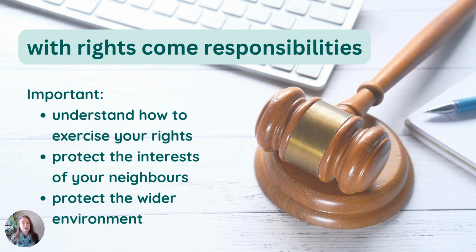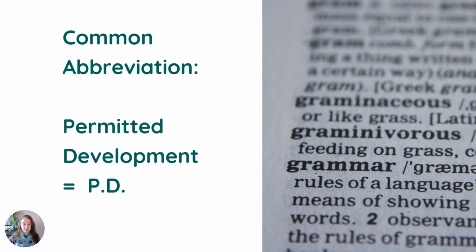It's important that you understand what the limits are to these rights, so that you can maximize your use of them. But you do have the responsibility to protect the interests of your neighbours and to protect the wider environment whilst you're making the most of your rights.